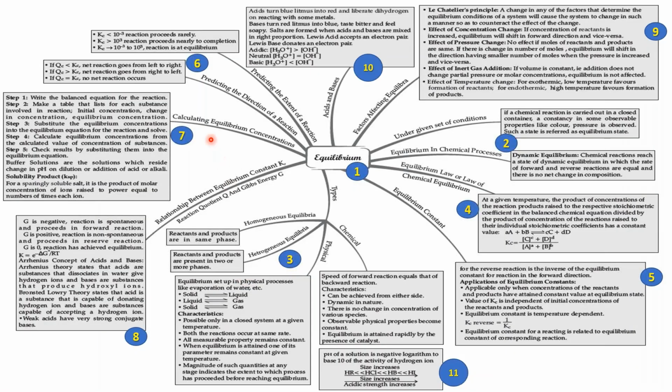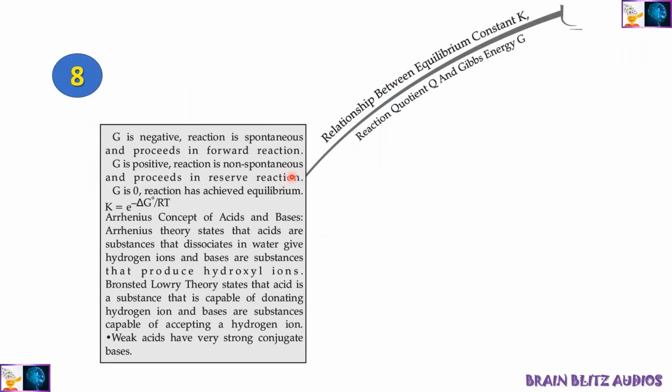So from calculating equilibrium concentrations, we move on to another important topic, the relationship between equilibrium constant K, reaction quotient Q, and Gibbs energy G. Now, if Gibbs energy G is negative, the reaction is spontaneous and proceeds in the forward direction. So if you have a reaction and its Gibbs energy value is negative, then you don't need to start the reaction.